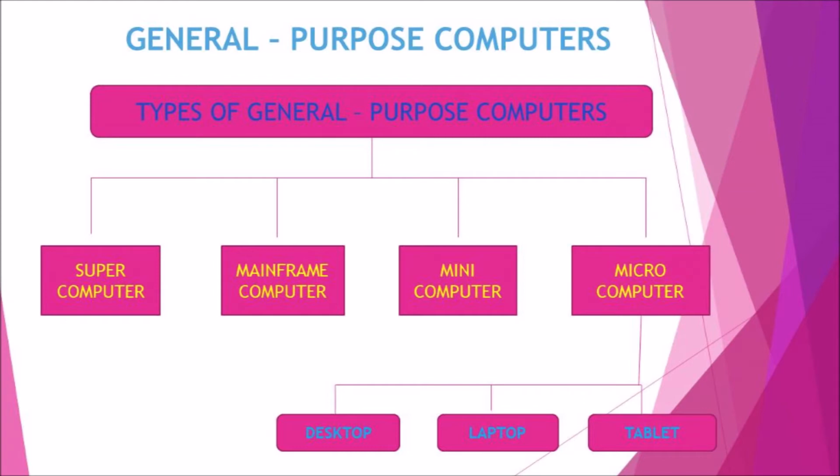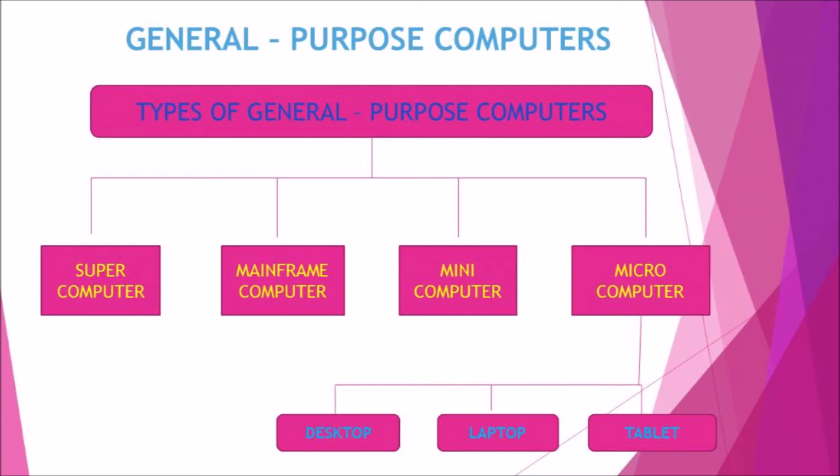The system will be pre-designed, so we call those specific purpose computers. They do a specific task to solve a specific problem, so those computers come under specific purpose computers.